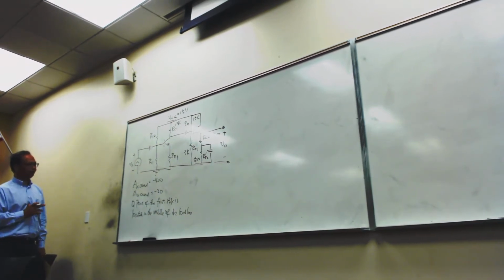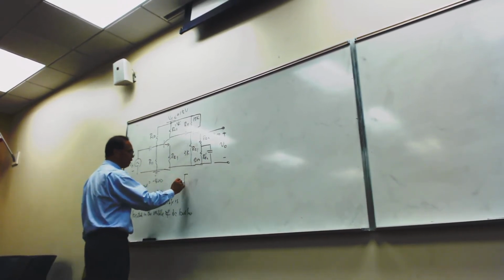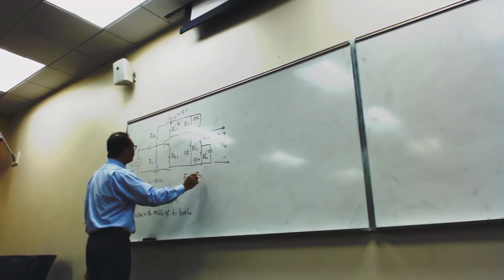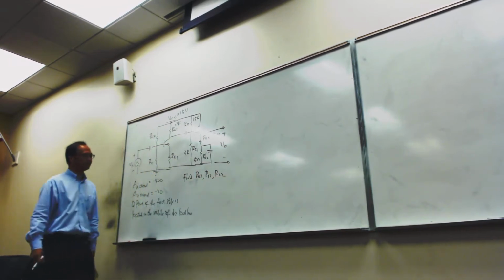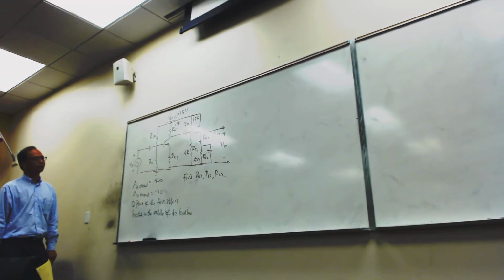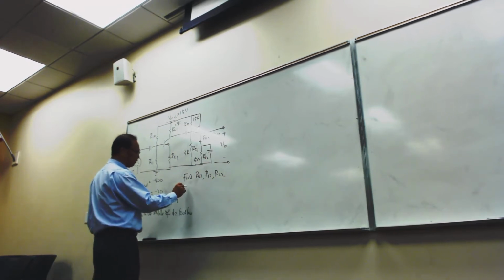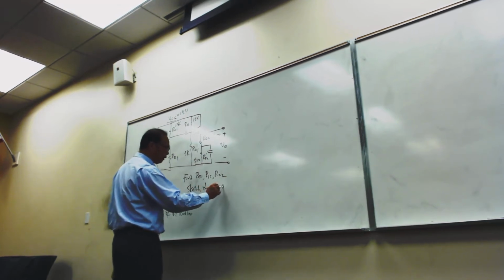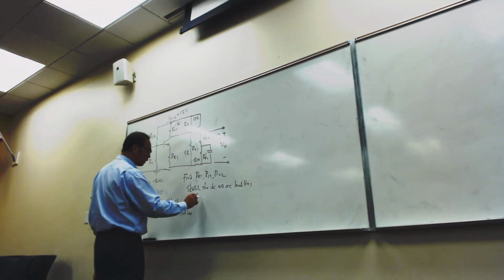Okay. So we need to find the values of RE1, R12, R22, right? And then maybe we can sketch the DC and the AC load lines of the second stage.